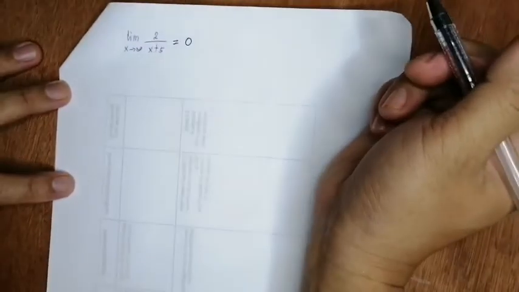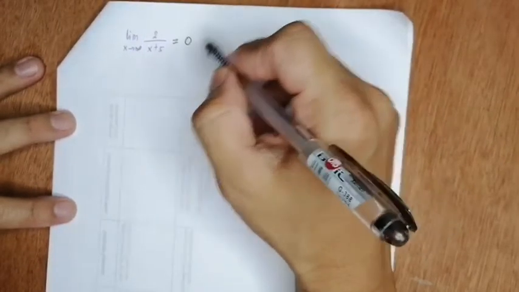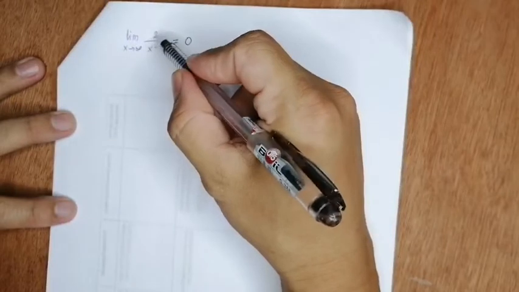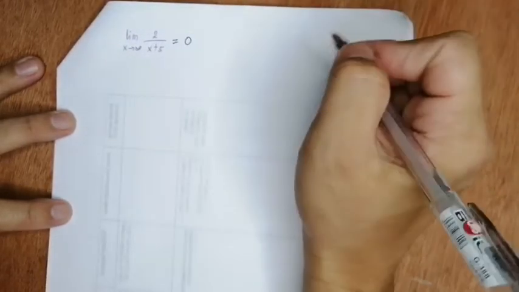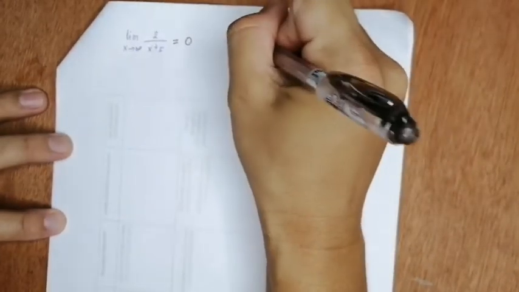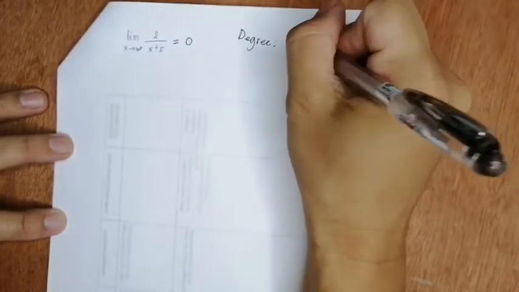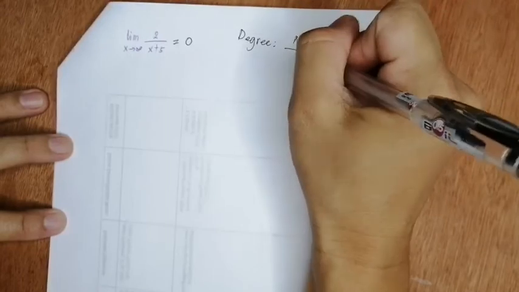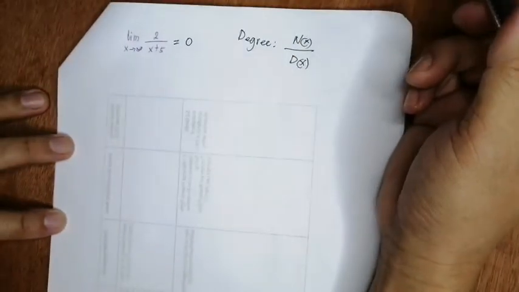automatically 0. Okay, in fact, whenever you encounter this type of problem, yun na yung sabi ko kanina sa inyo na isang trick dito. Just observe the degree of numerator and denominator. Okay?